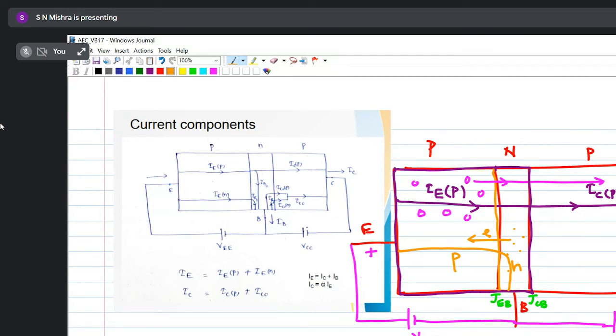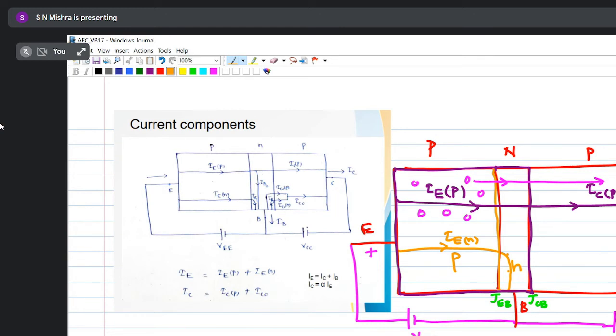Sir, emitter to base. Emitter to base. So I have represented this one as IE due to electron. Okay, so emitter base junction things are over.